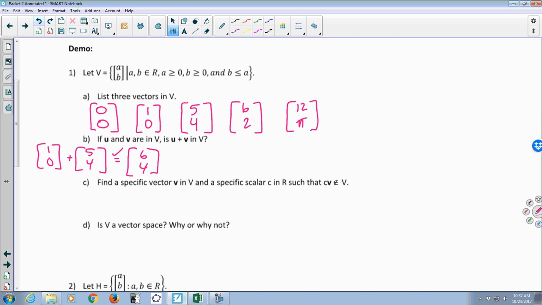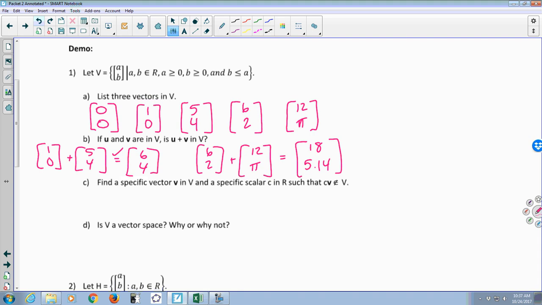What if I add (6, 2) and (12π)? I'm going to get 18, and 2 plus π, that's about 5. Does that satisfy the properties of the set? Do you think if I pick any two vectors u and v and add them together, I'll still satisfy the properties of the set?